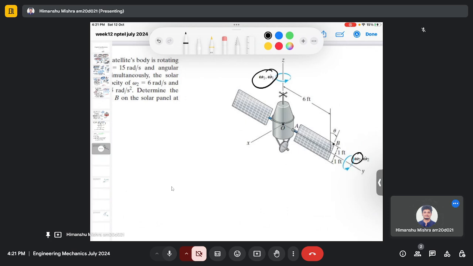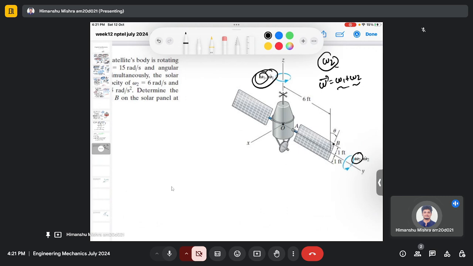So the rotation of the solar panel is given by omega 2, but this is not the resultant rotation of the solar panel. Since we are given another angular velocity of the satellite, the resultant rotation of the solar panel will be omega 1 plus omega 2.